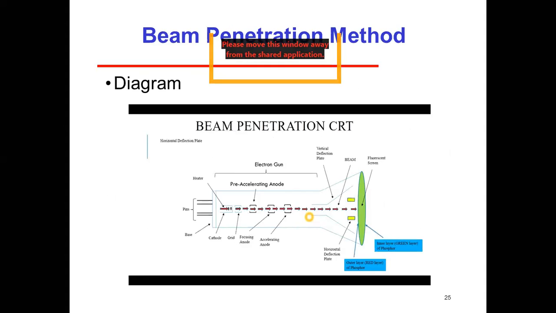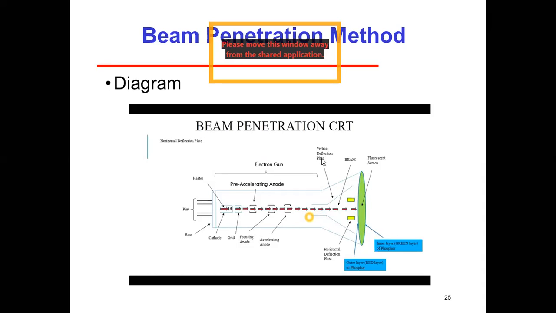So this is the beam penetration method. How are we going to produce the image with the help of beam penetration? There is a horizontal deflection plate, a heater and base, with the help of the cathode, and there is a grid, also a focusing anode, an accelerating anode, and electron guns here. With the help of those guns, the beam goes to the vertical plates.